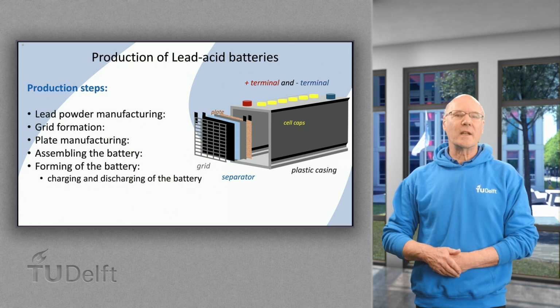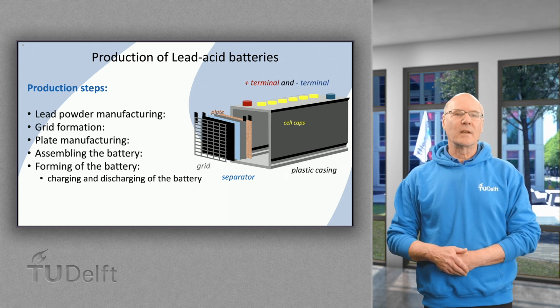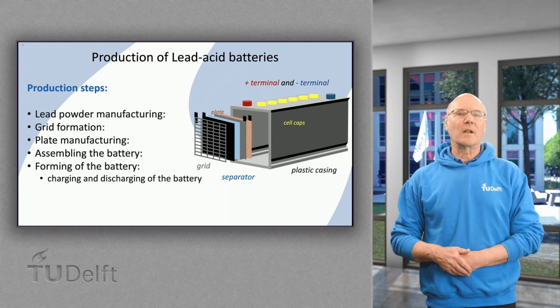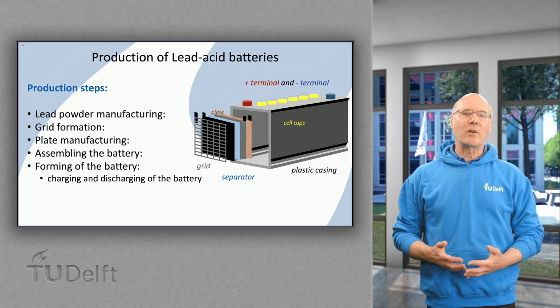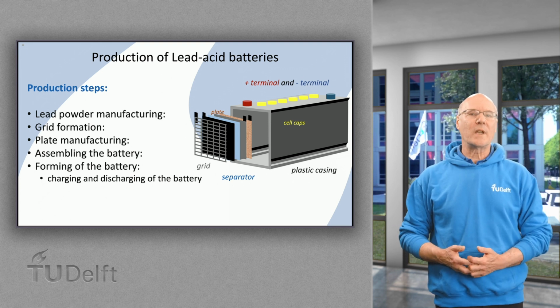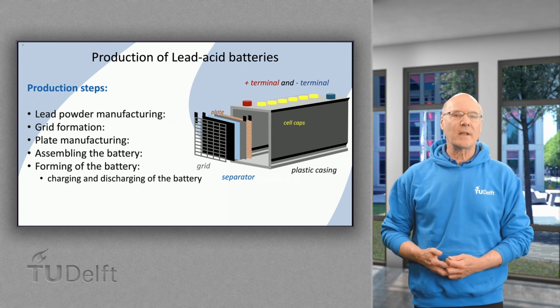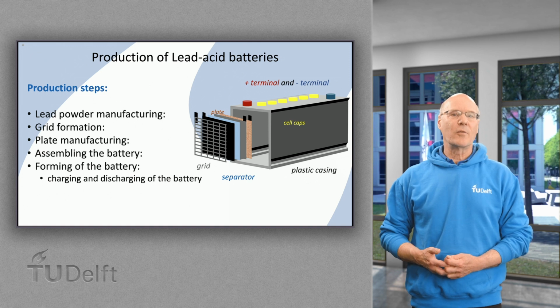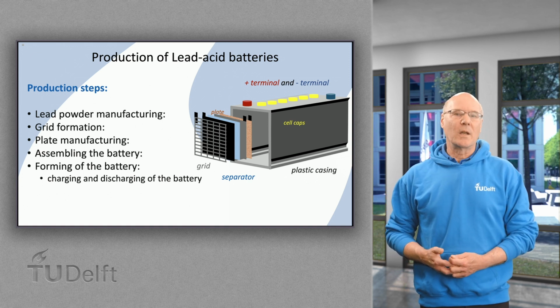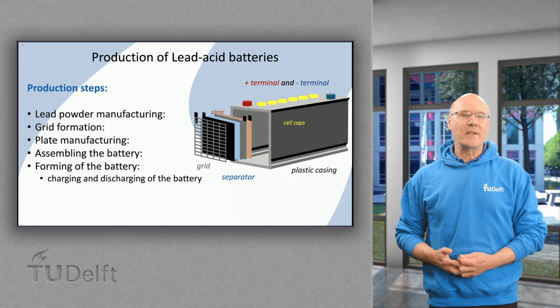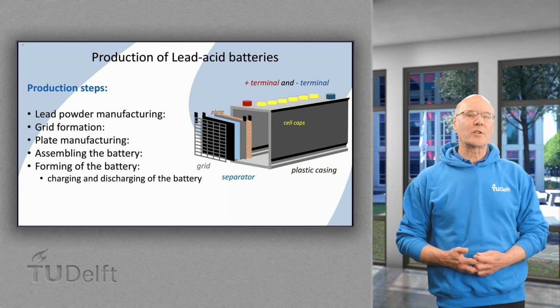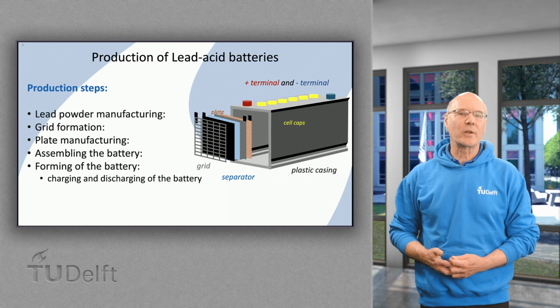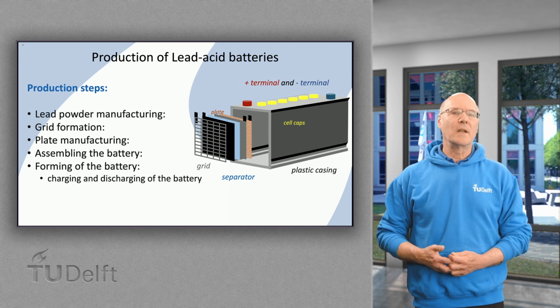These various laminates thus need to be produced, and we follow this along the following production steps: lead powder manufacturing, grid formation, plate manufacturing, assembling the battery, forming the battery, where charging and discharging of the battery is done before it becomes available for the customer to make sure it works and is safe.